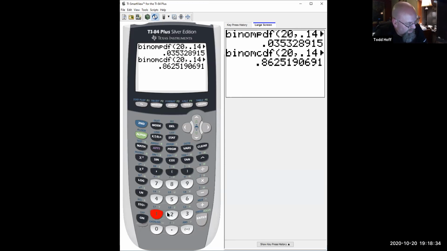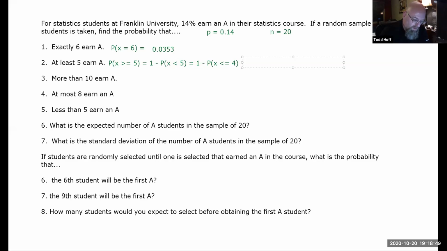Enter, and then we'll do 1 minus that. 1 minus second answer. We get 0.1375.